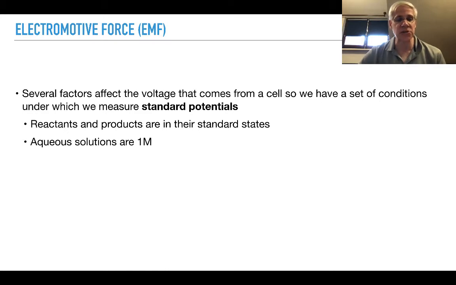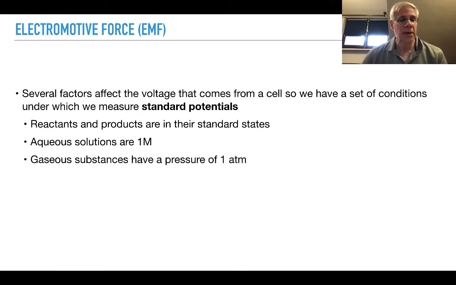Any aqueous solutions have to be at 1 molar. Any gaseous substances have a pressure of 1 atmosphere. And the temperature has to be 298 Kelvin. Now again, these are your standard conditions. We can certainly have measurements done under non-standard conditions, and we'll talk about those later as well.